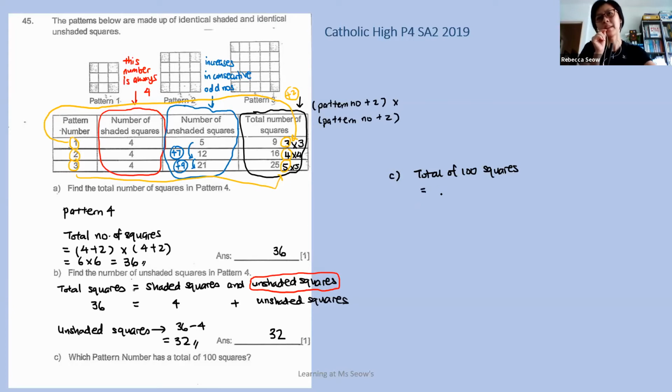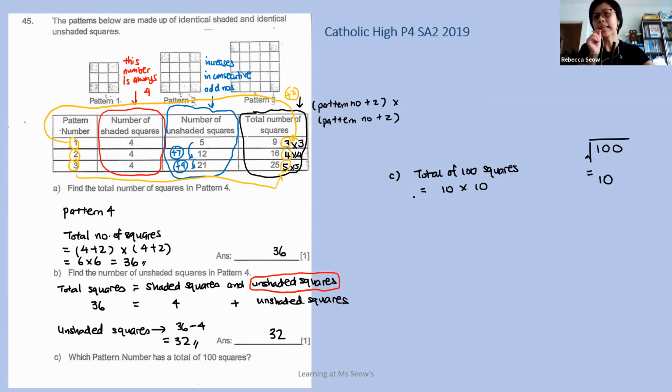So it can be broken down into 10 times 10. For those students who know what square root is all about, you can display your answer something like that: square root of 100 is 10.